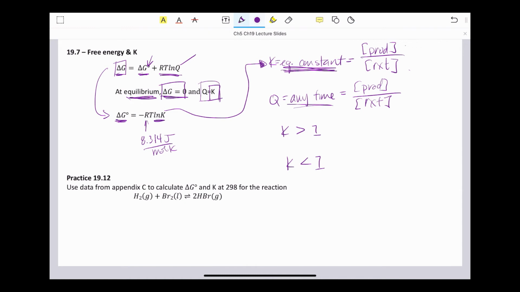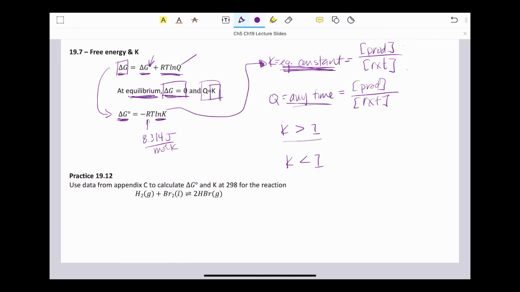If you remember how base 10 logs work, that's good enough. When K is greater than 1, then ln of K is going to be some positive number, and if this term is positive with this negative, that gives us a negative delta G. So if K is greater than 1, then we have a negative delta G.